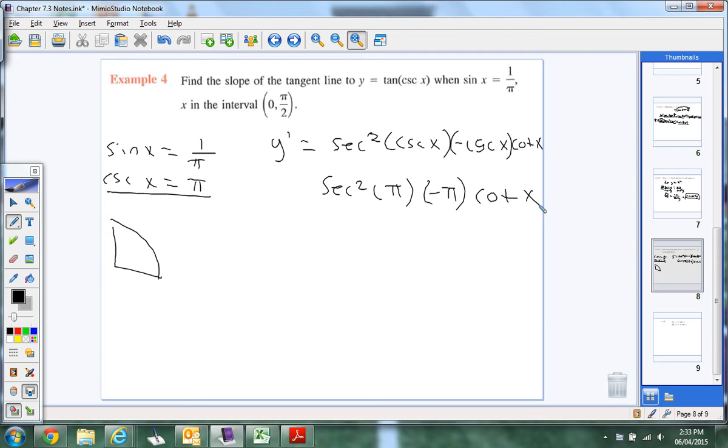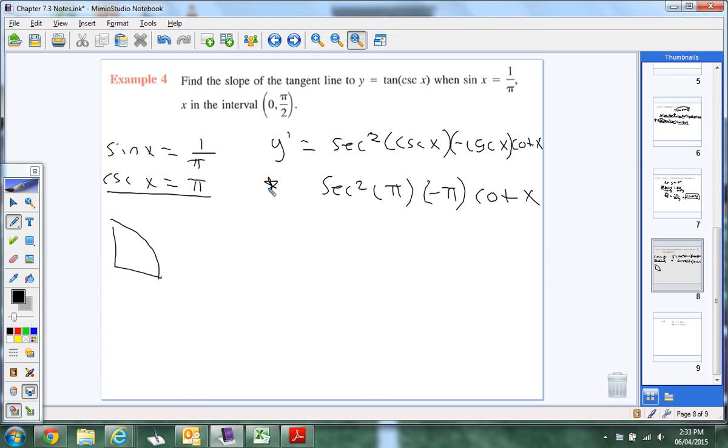All right, so let's stop right here. Do we have any questions from this point? Where I got the pi's, where the cosecants went, any of those questions there? Okay, so secant squared is what? It's 1 over cosine, right?